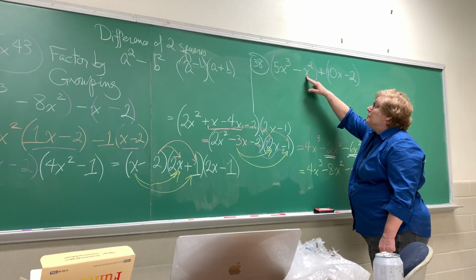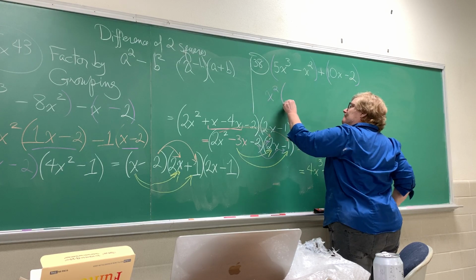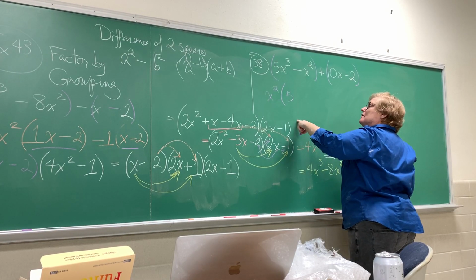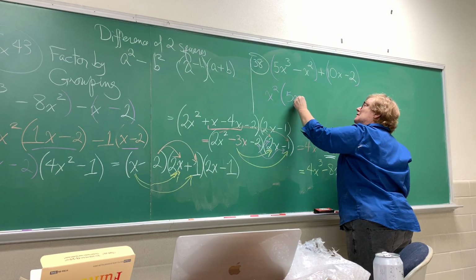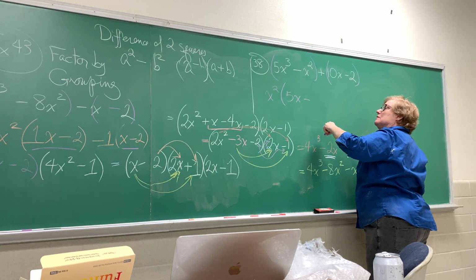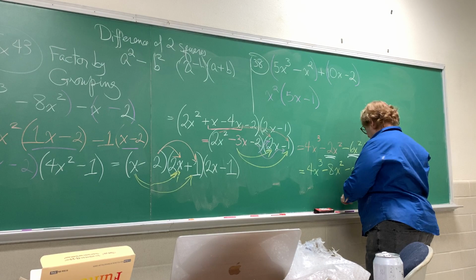X. How many x's? 2. Good. We had 3, we pulled 2, we're left with? 1. We had 2, we pulled 2, we're left with? Good.